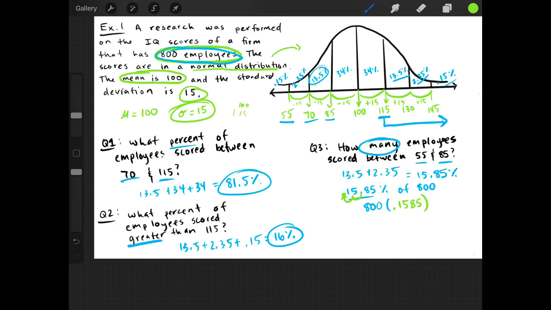So we're going to go 800 times 0.1585. That gives us about 126.8.